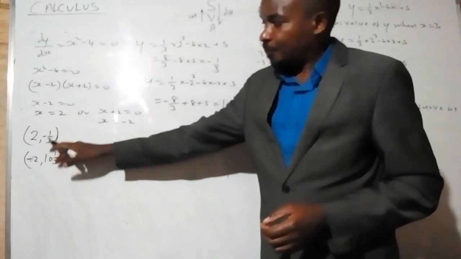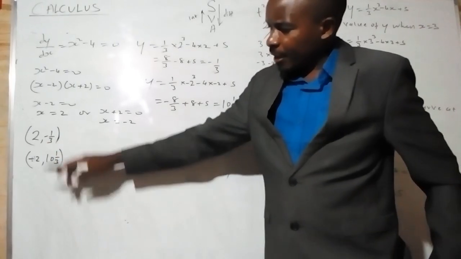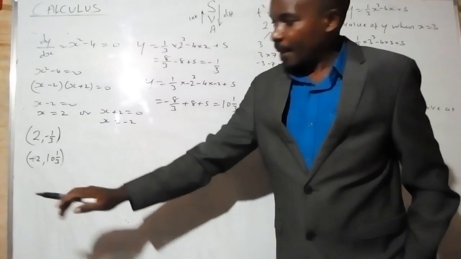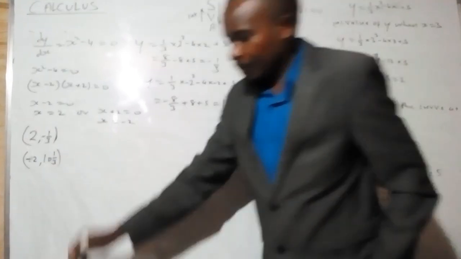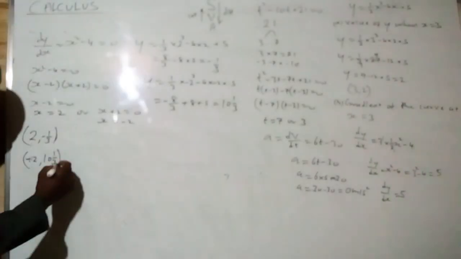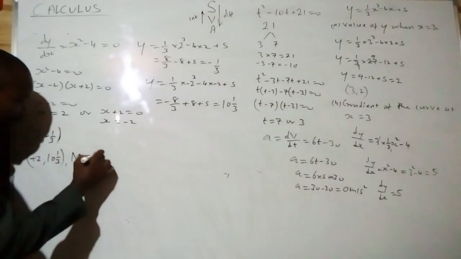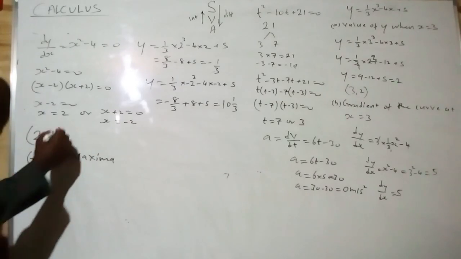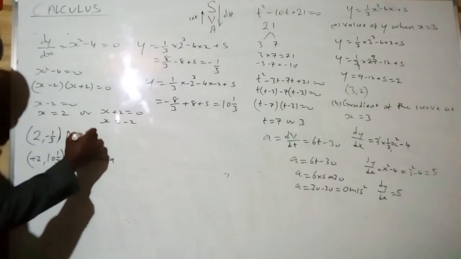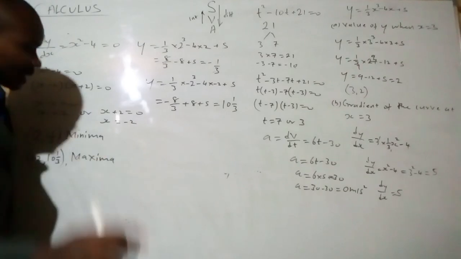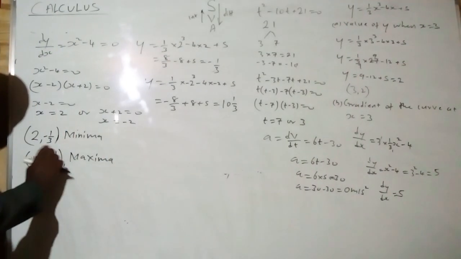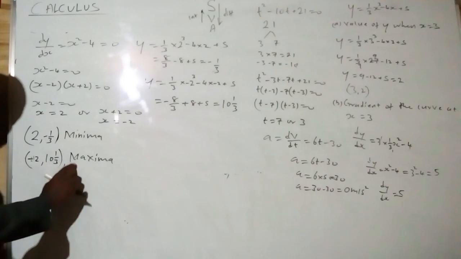Between -1/3 and 10 and 1/3, which one is larger? It's 10 and 1/3, so we can say comfortably that this is the maxima. Then -1/3 will be the minima. To know minima or maxima, check the y coordinate, not x. 10 and 1/3 is greater than -1/3.